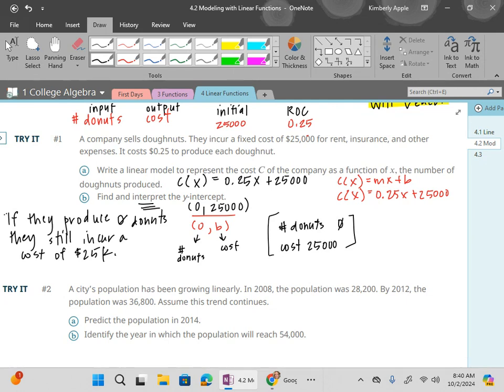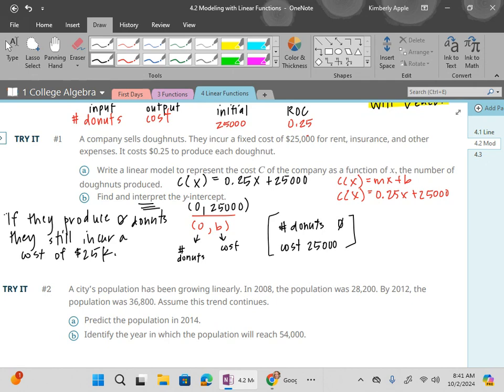I have to translate in and out of the mathematics and the actual understanding and interpretation in the context of the problem and the question of what's going on here. And the way I do that is by reminding myself what I'm talking about. If I have 0, this means nothing. But if I remind myself, and I like to write it down because I get lost, this is the number of donuts and this is the cost. So when they have made 0 donuts, they have a cost of $25,000.